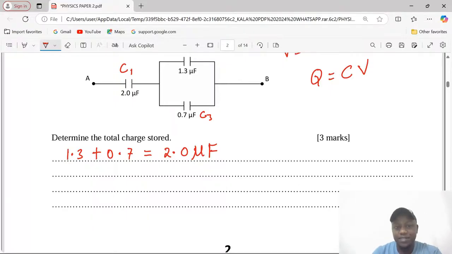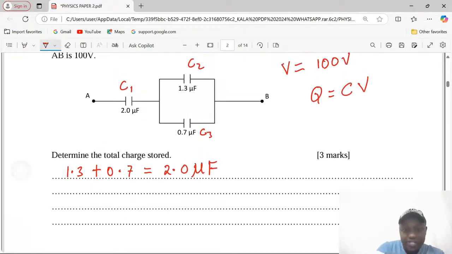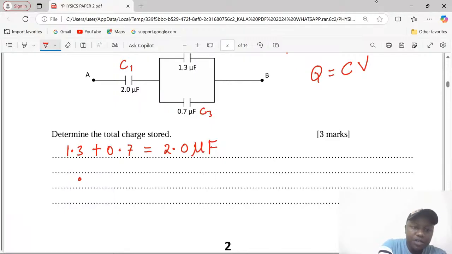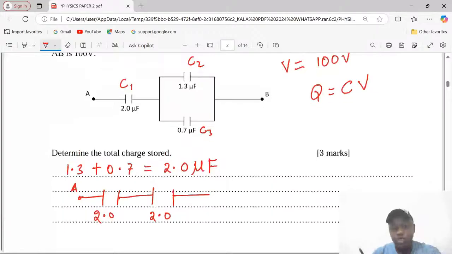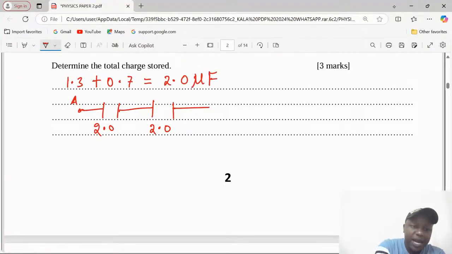Now that combination of 1.3 and 0.7 can be replaced with an equivalent 2.0, and we're also having 2.0. So now we are having 2 capacitors of 2.0 in series, and when they are only 2, the effective capacitance is given by their product divided by their sum.